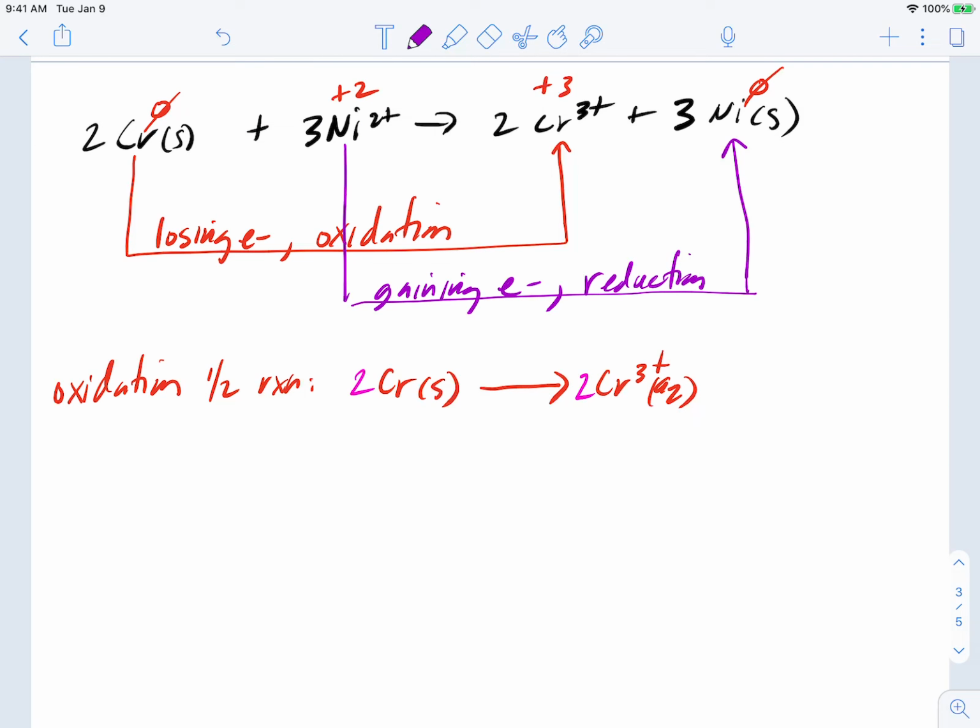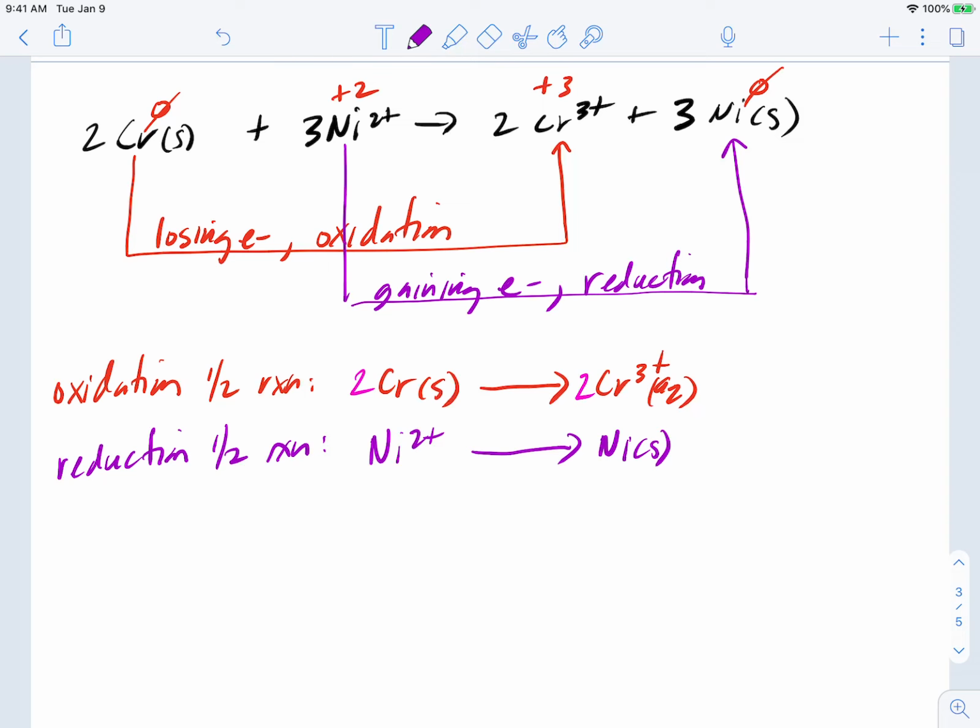If we do the reduction half reaction, that's going to be nickel 2+ goes to form nickel solid. And so we can see that the nickel is gaining 2 electrons, the chromium is losing 3.